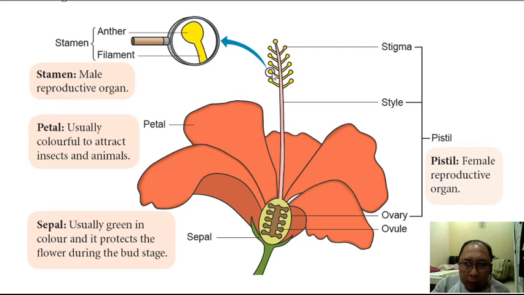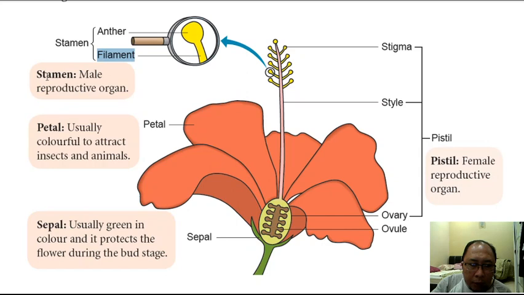And then the stamen, this one, the circle one, is a male reproductive organ that consists of anther and filament.